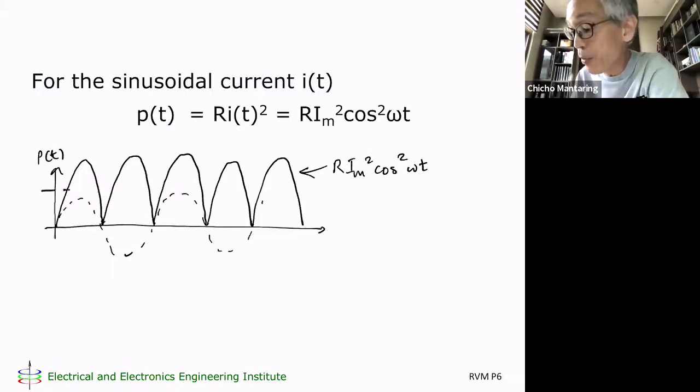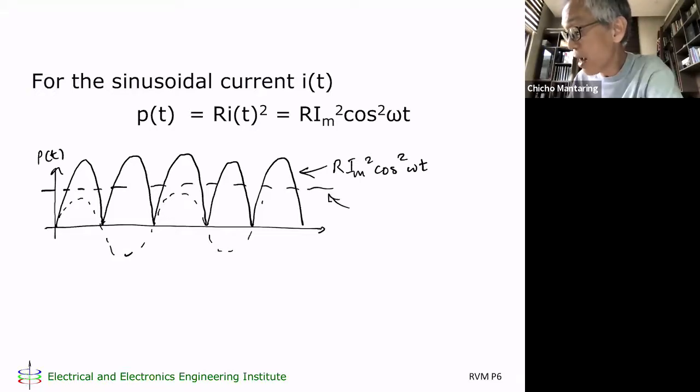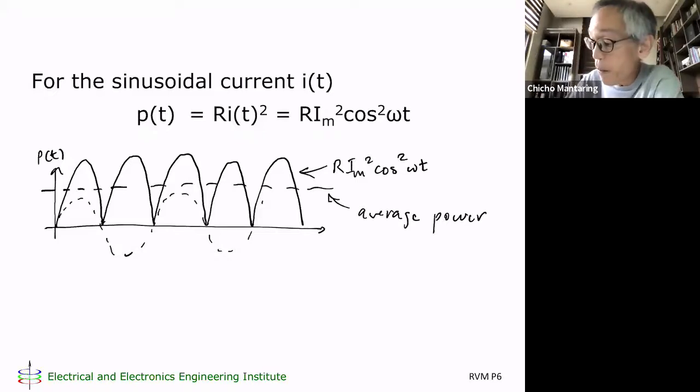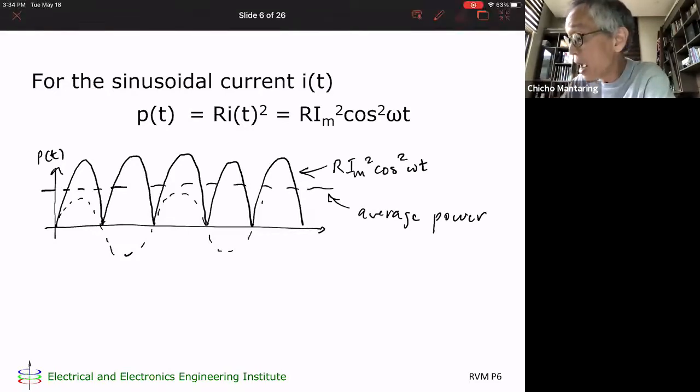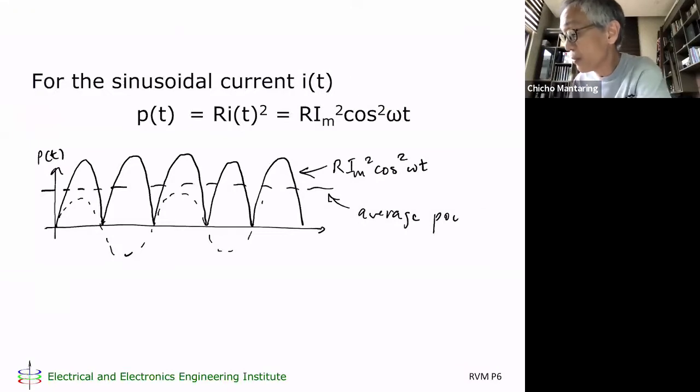In other words, my average power would be somewhere here. Imagine na ipapatag mo to, this level that it will come out to is your average power.